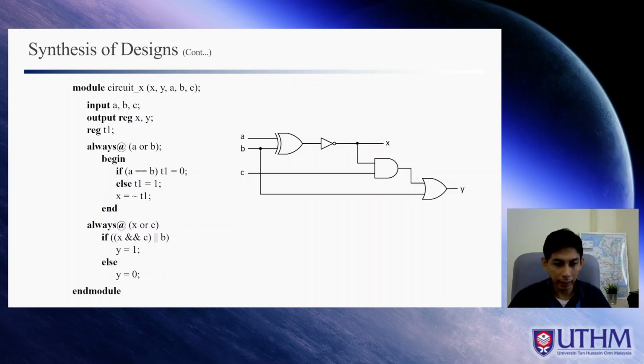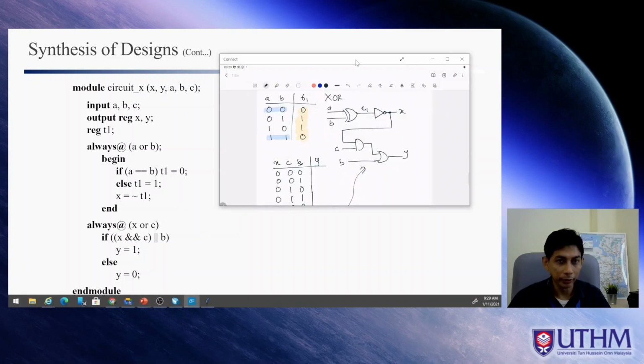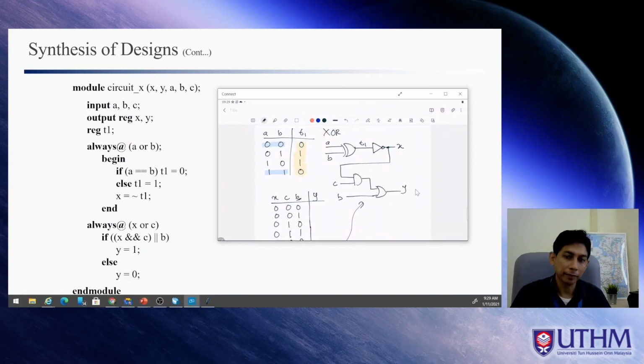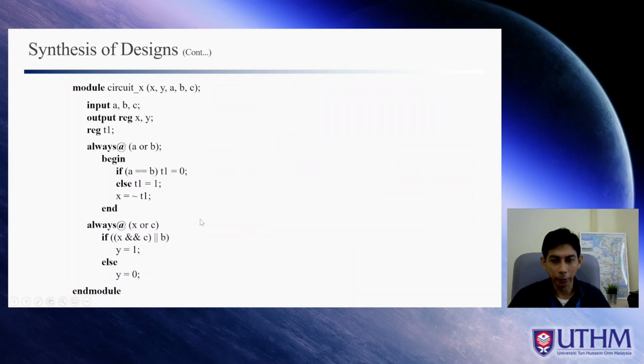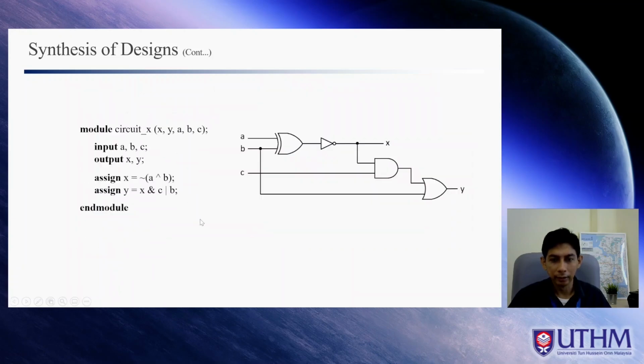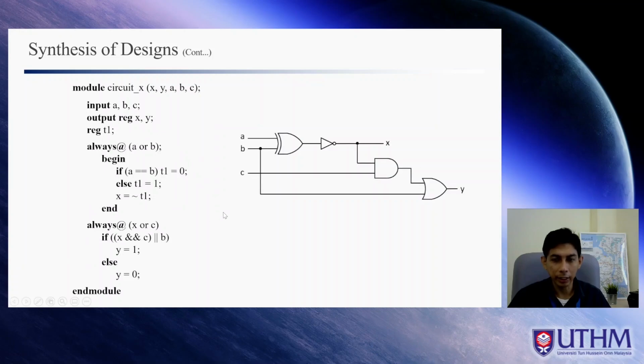You can see already that you need to do many things in order to derive the circuit, as compared to this one, right? But of course, the advantage of behavioral modeling is that you don't need to have the Boolean equation in order to code in behavioral modeling. You just write or describe the behavior of your circuit, and the computer will generate this for you.